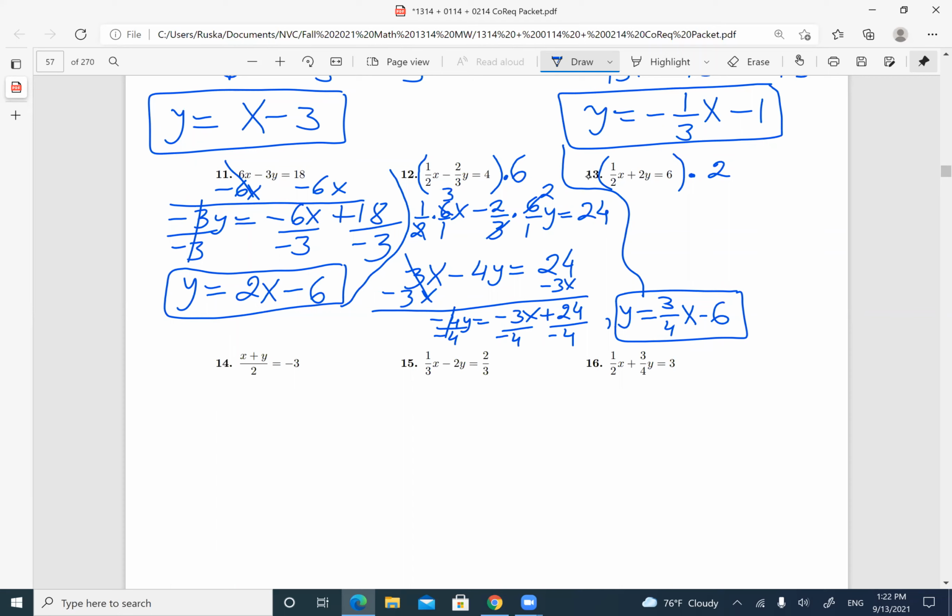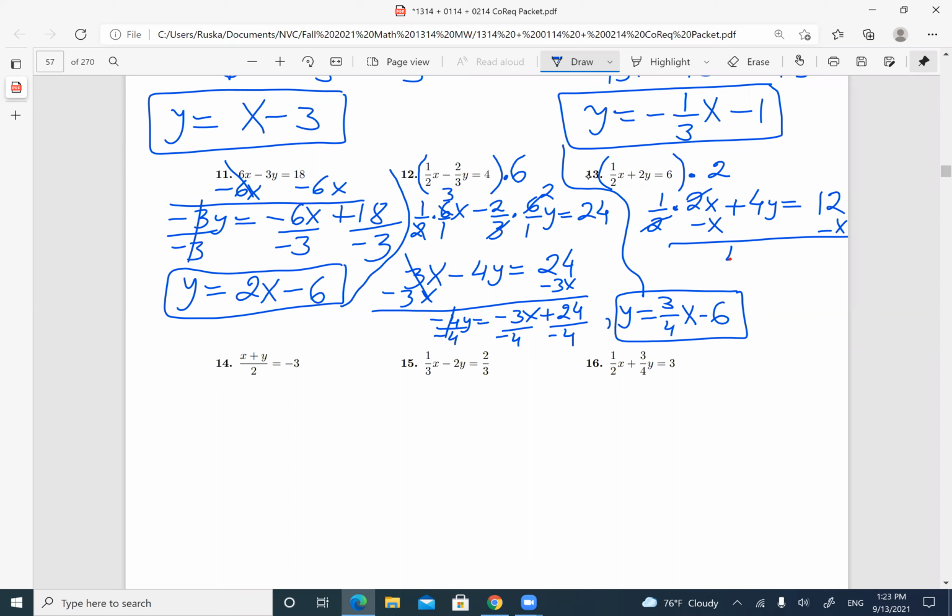So you're gonna have 1/2 times 2 and x plus 2 times 2 is 4y equals 6 times 2 is 12. Now 2 and 2 cancel here. You see that? So you have only 1x. And this x, I'm going to subtract it, I'm going to move it to the other side.